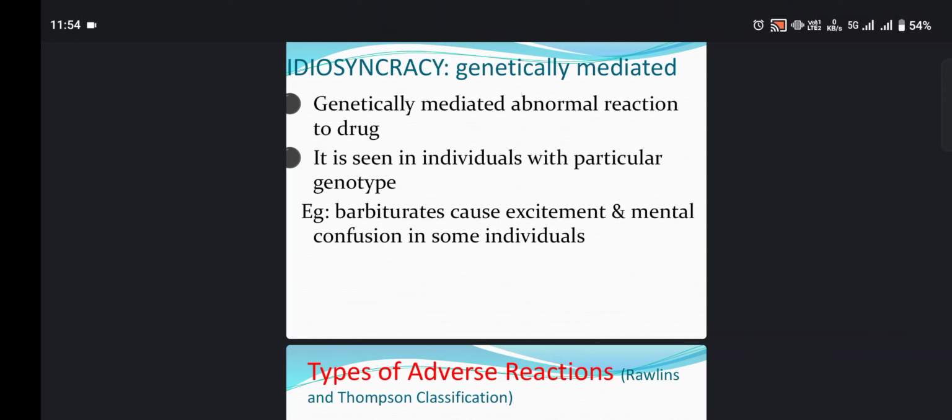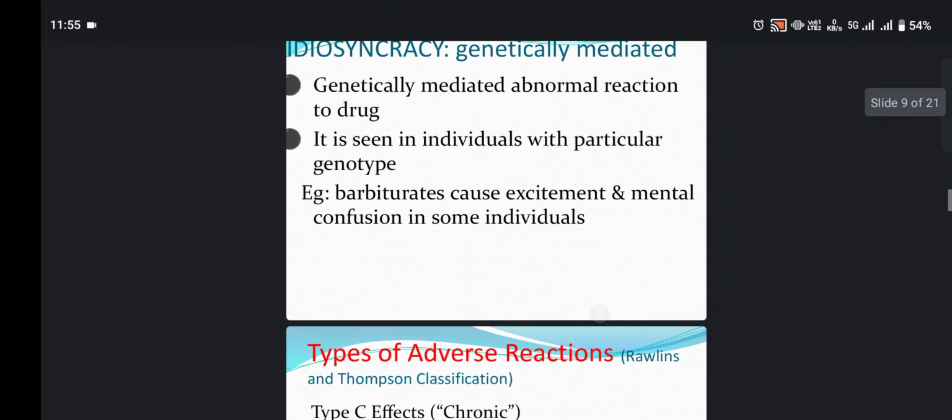For example, barbiturates cause excitement and mental confusion in some people whose genotype is different from the normal genotype.